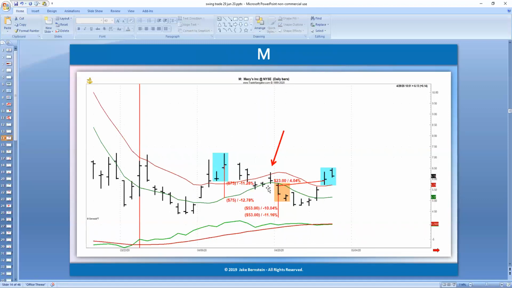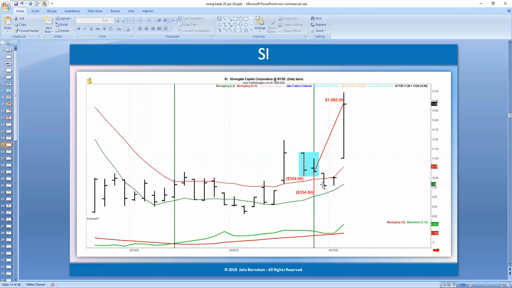You measured the largest range the previous day, previous 2 days. You doubled that, your stop goes down here. Time passes. The trend does not turn lower. You get 2 bars back above the top of the channel, and you're still in an uptrend. Let's go to another chart. Silvergate, sorry about that. Look at the pattern.